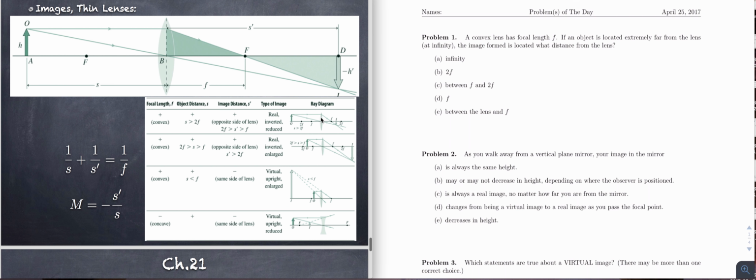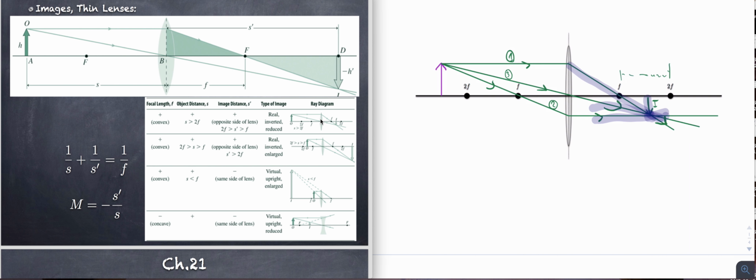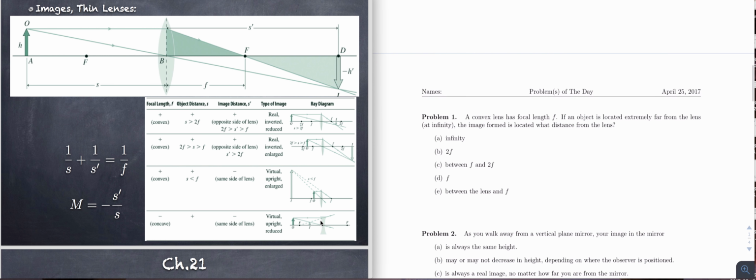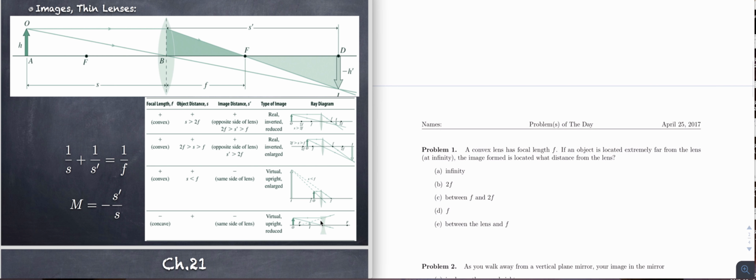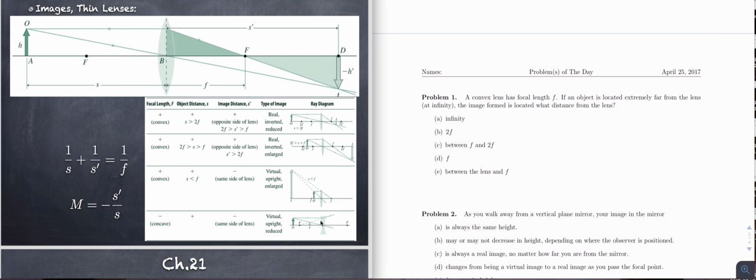A convex lens is the type of lens, or the example, that we had up here. A concave lens, or diverging lens, would be that type of example there. The question is: a convex lens has focal length f. If an object is located extremely far from the lens, at infinity, the image formed is located what distance from the lens?